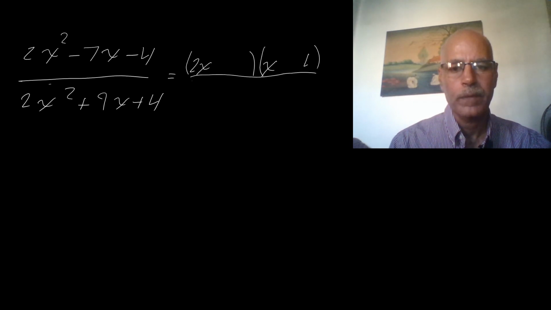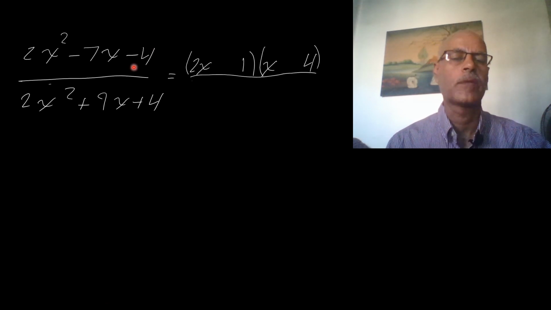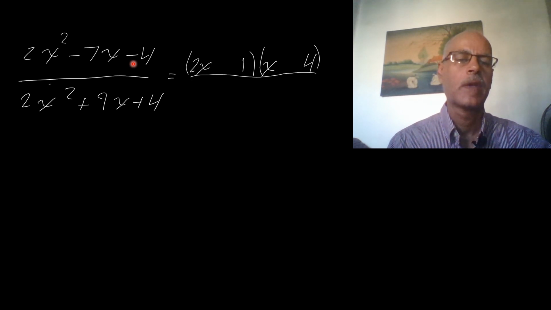4, 4 times 1. The sign of the last one is negative. It gives me that the two signs of the brackets are different.